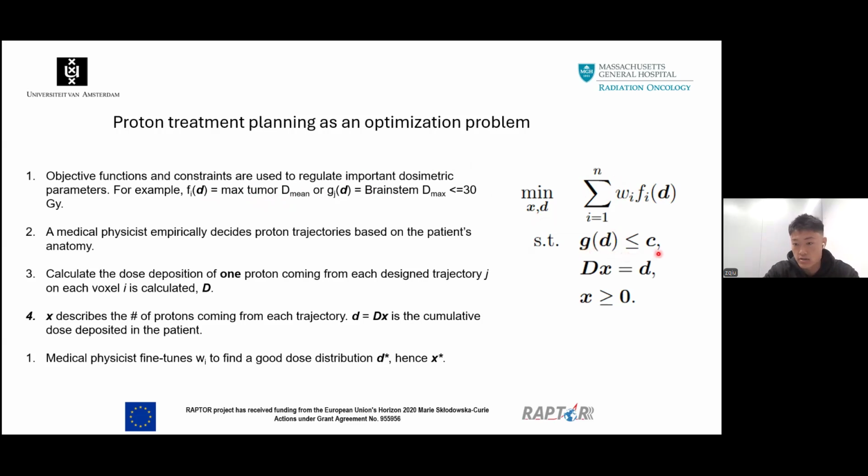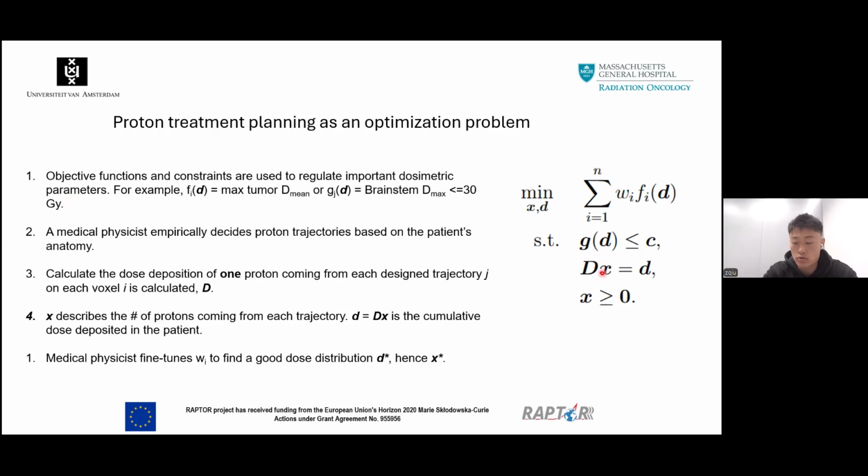And these are the constraints, the criteria that have to be satisfied. For example, we can say the maximum dose in the brainstem has to be no more than 30 gray. The gray is the unit of energy dose we use here.